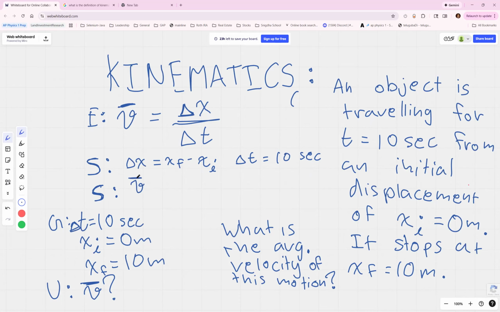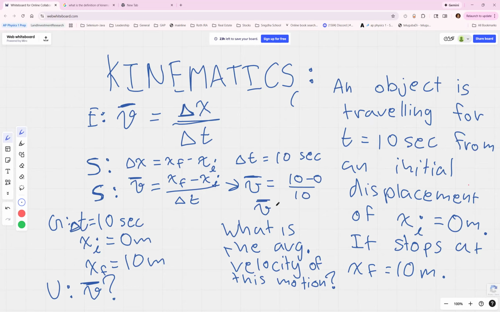So it's really simple. You broke the problem down in a very organized manner, and now you can get a really simple solution because now you know xf minus x naught over delta t. So now you would get v average is equal to 10 minus 0 over 10.